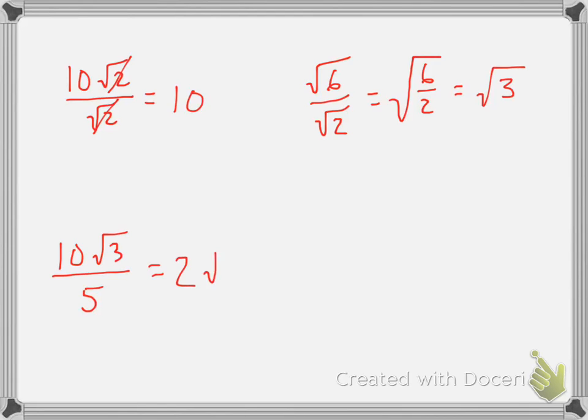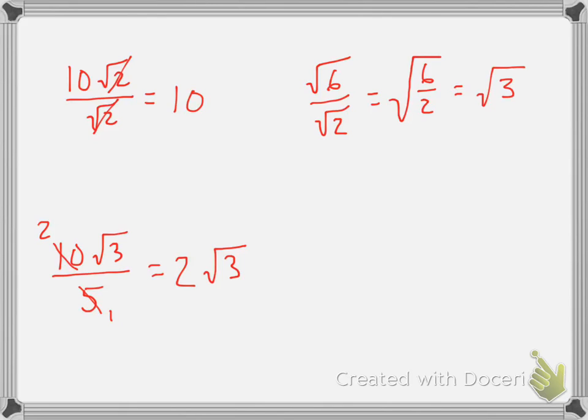So this is where we're thinking about like terms. If I've got 10 square root of 3 divided by 5, then the 10 and the 5 can still divide, right? And that square root of 3, it's still there, it's hanging out, but it's not a like term, so we don't do anything to it.